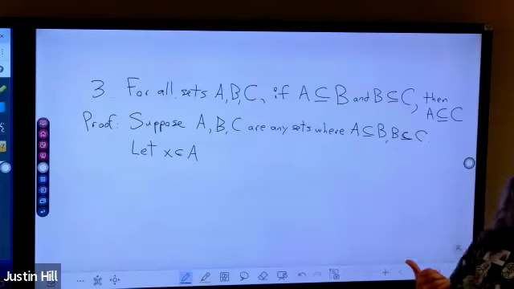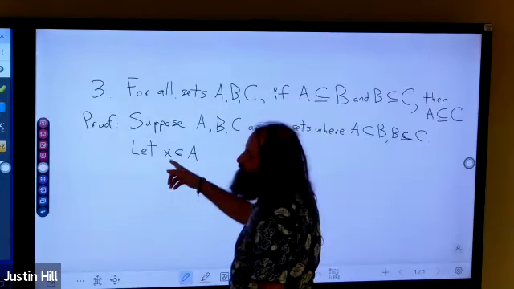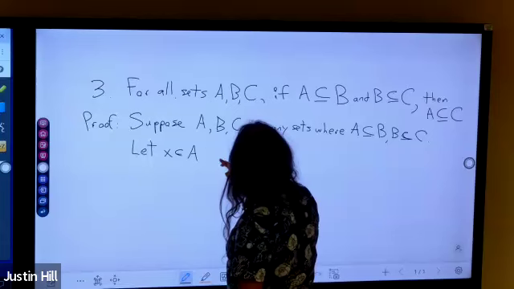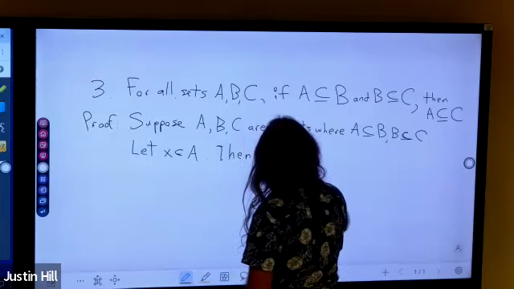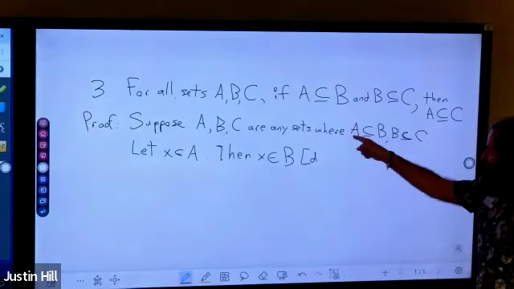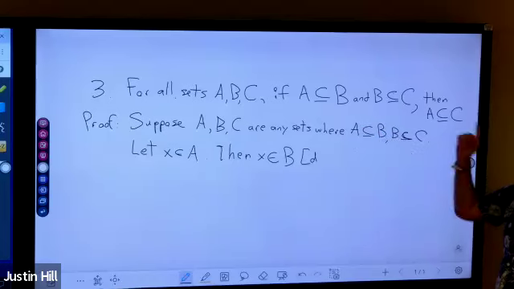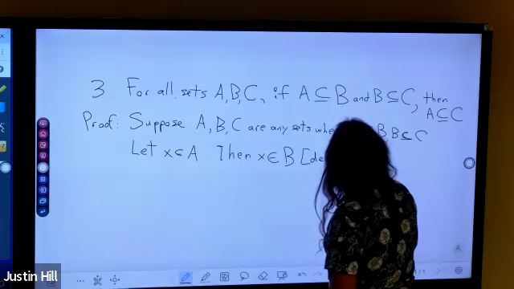Good. So by the definition of subset, X is in B. So then X is in B. And that's just the definition of subset. Subset says that if X is in A, then X is in B. So it automatically implies it. So definition of subset.